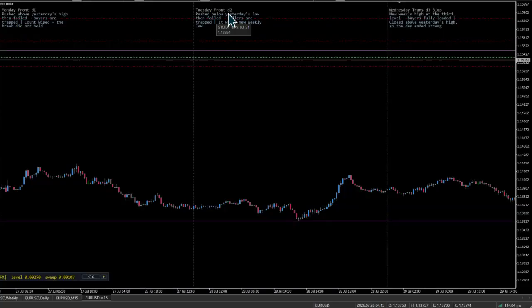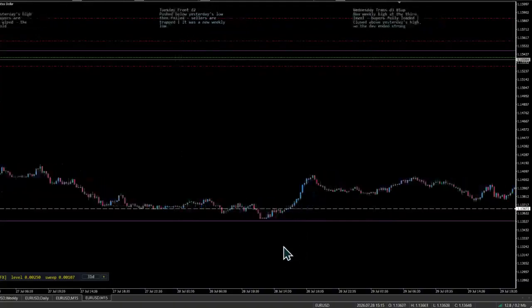Pushed below yesterday's low, which is there, then failed. Sellers are trapped, and it was a new weekly low. So this was the zone where the market trapped everybody. Sellers are now trapped. And this is the sideways market that we are now in.